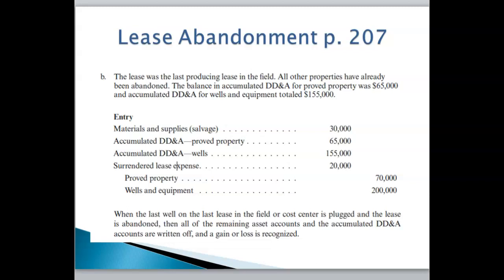Next, we're going to remove any recorded accumulated DDNA that's remaining. We're going to debit accumulated DDNA proved property for $65,000, and we're going to debit accumulated DDNA for wells of $155,000. We have a remainder of $20,000. This is going to be debited to surrendered lease expense.